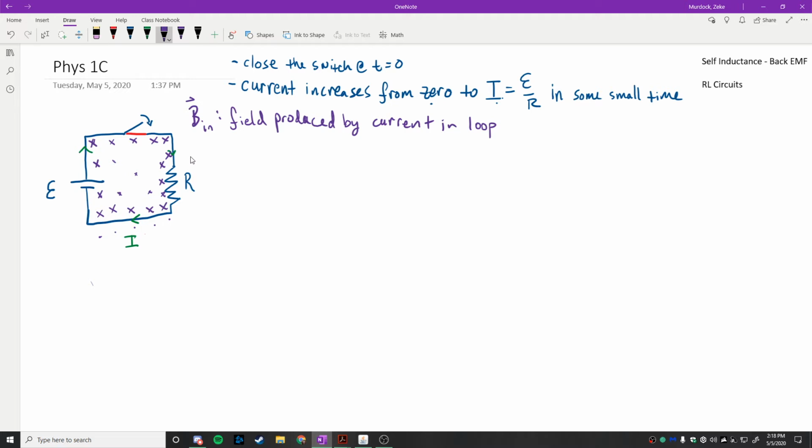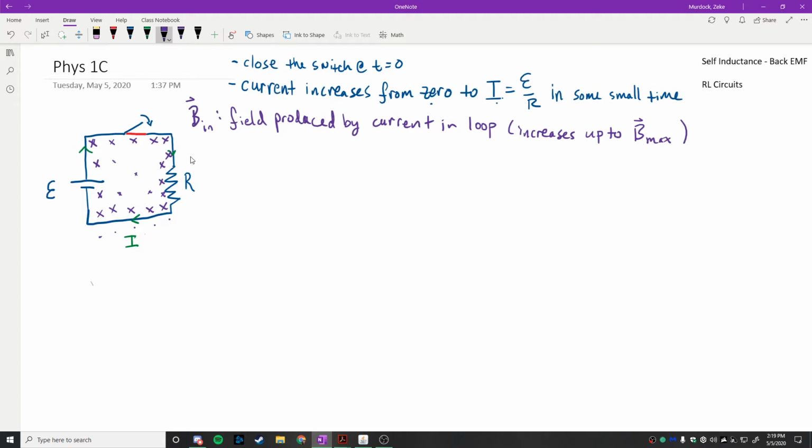That's right, the magnetic field's increasing, right? When the current increases, the magnetic field that's produced is also increasing in time, at least up to some maximum value, whatever that happens to be. So the field produced by the current in the loop is increasing up to some B max, right?